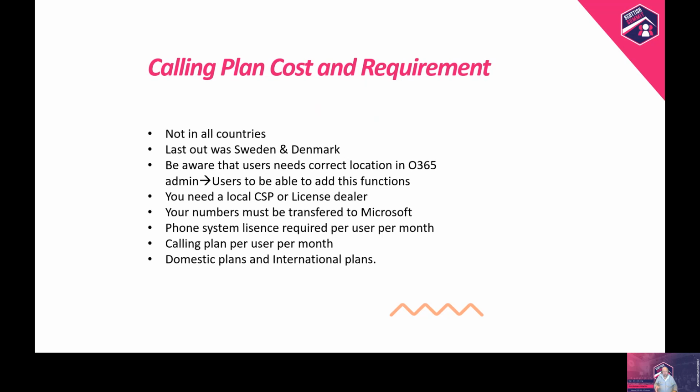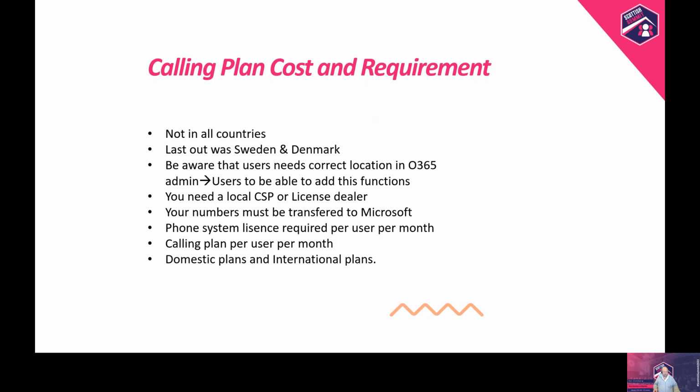Then you need a local license partner in the country where direct routing and the calling plan is available. For the calling plan, you need to buy the phone system and the calling plan license in that country where you want to use it.